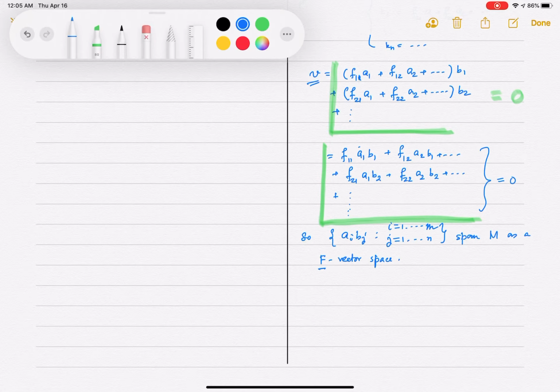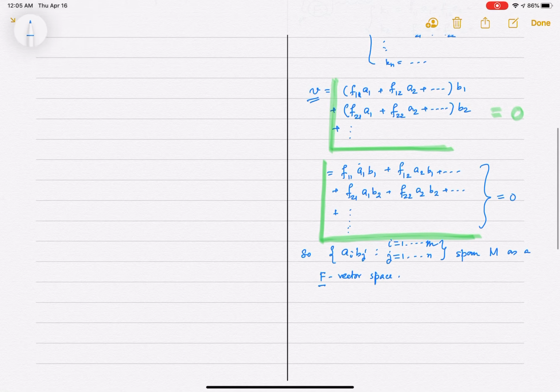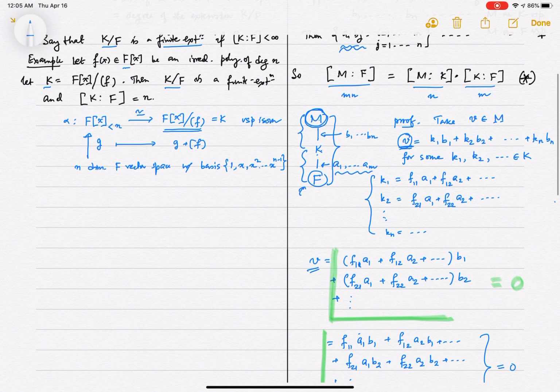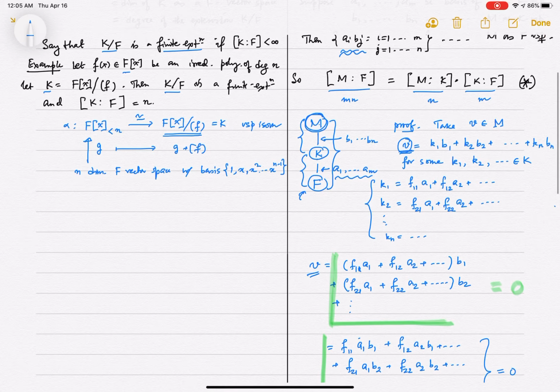Okay, but what does that tell you? The upper expression is now a linear combination of the b's with some coefficients in K. And because the b's are linearly independent, the b's are after all a basis, you get that each of these expressions is 0.